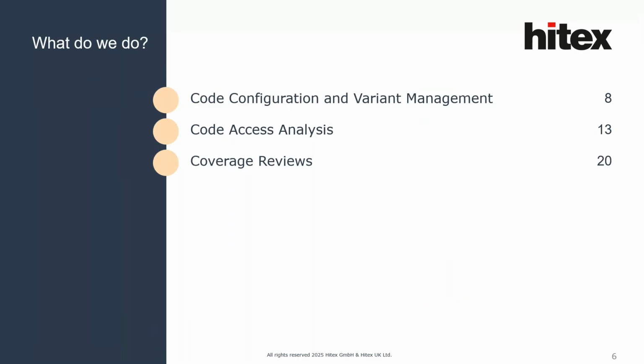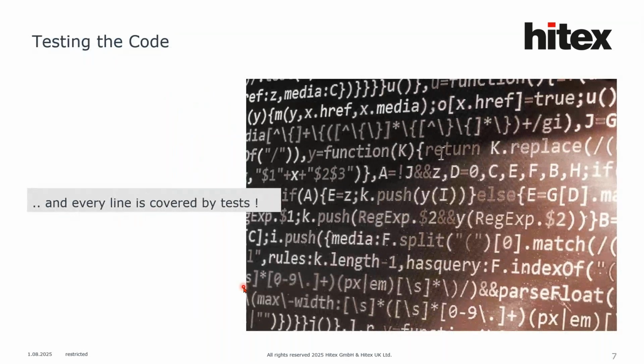What do we do and what do we get for the effort? Testing the code, and every line is covered by tests. That would be really nice. Unfortunately, we have a small challenge and we will focus on that in this webinar.